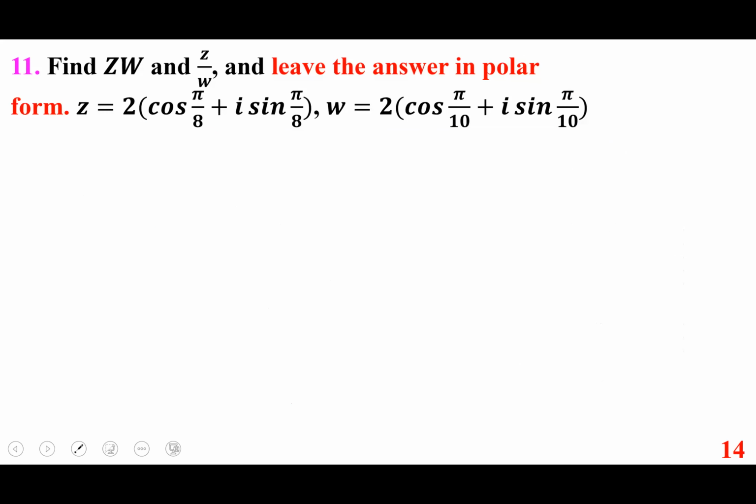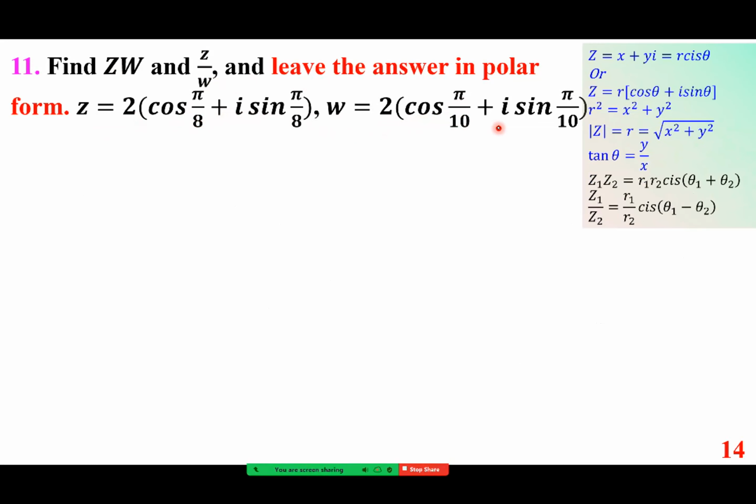Find z times w and z over w and leave the answer in polar form. z is given as 2 times cosine of pi over 8 plus i sine of pi over 8, and w is given as 2 cosine of pi over 10 plus i sine of pi over 10. Reminding you of the following. Here's z and the information about z.